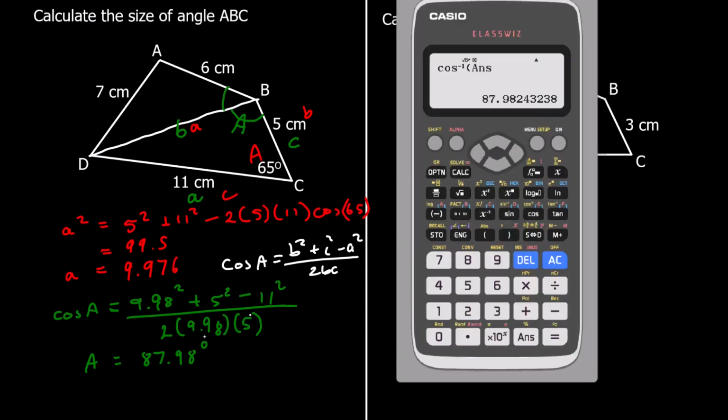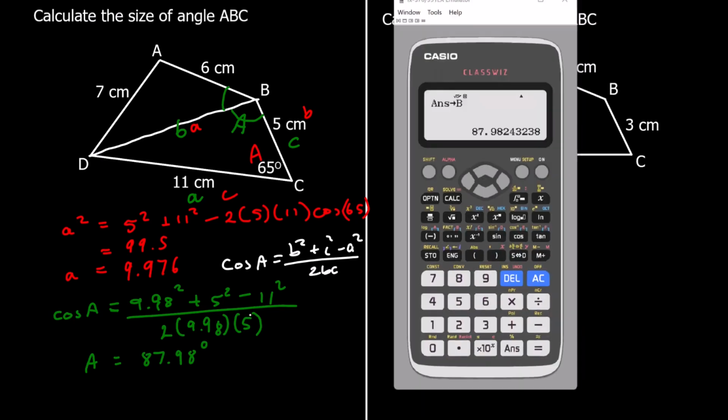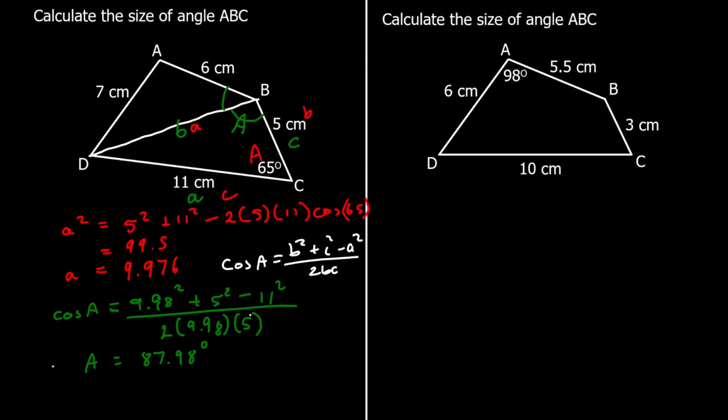And I'll store that as B because I'm going to be using that one again. Just make a quick note that this one's B on the calculator, this one's A on the calculator.